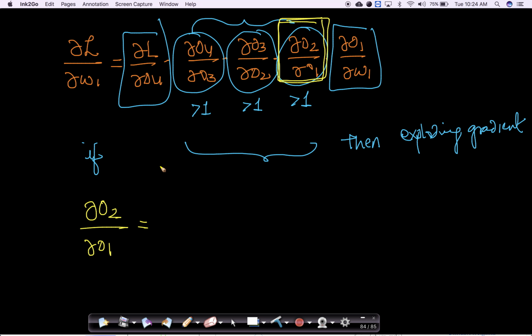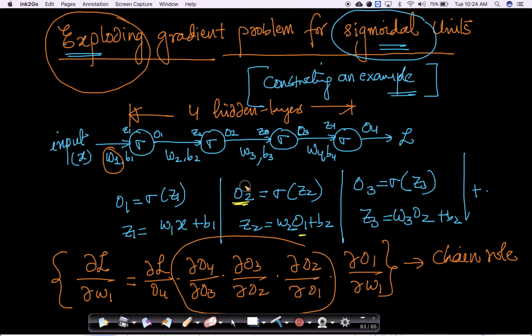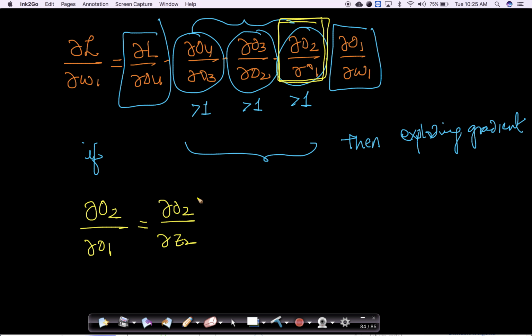It is nothing but the derivative of O2 with respect to Z2, because if you look here, O2 is a function of Z2, and Z2 is a function of O1. So derivative of Z2 with respect to O1. This is again simple chain rule, nothing very fancy here. I'm just applying chain rule here.